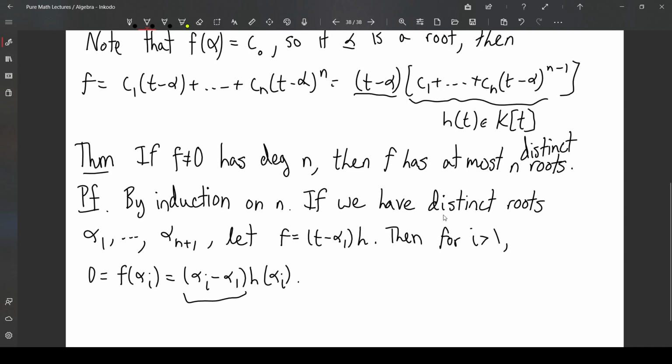Since the roots are distinct, this difference between the roots is non-zero. And since we said that k[t] is an integral domain, that implies that h of alpha i must be equal to 0. So h has n distinct roots.